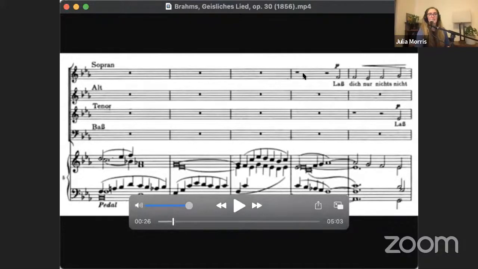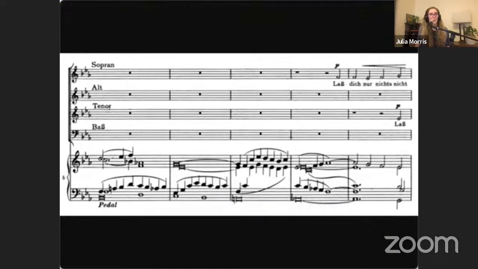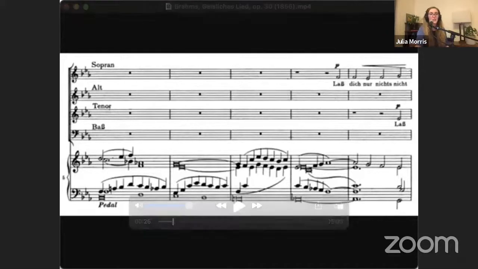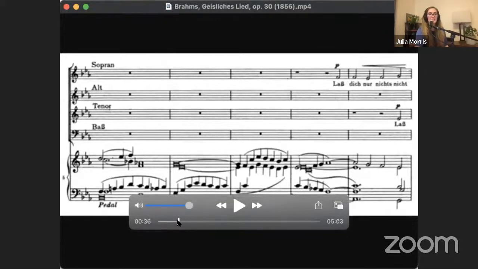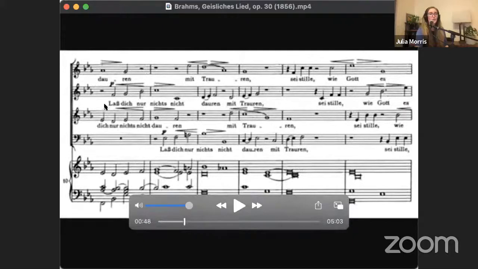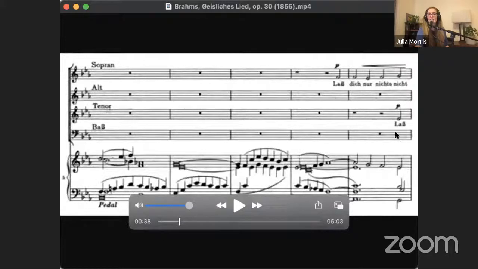Okay, so this is the first soprano entrance here, and they sing, "Lass dich nur nichts, nichts," and then the next page is something like "dauern." And then notice that the tenor entrance, as we talked about, does the exact same thing here.